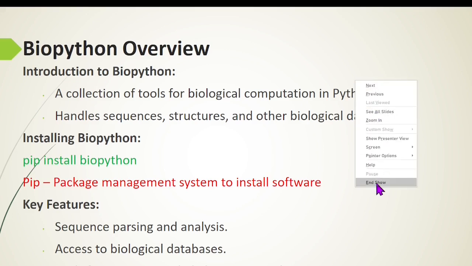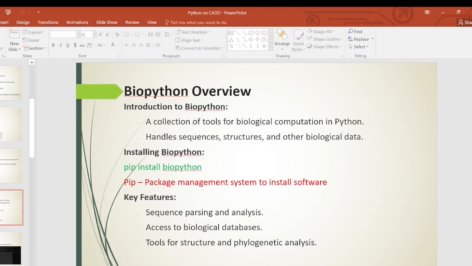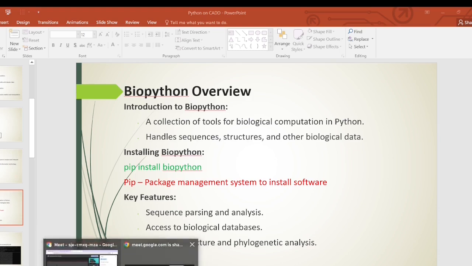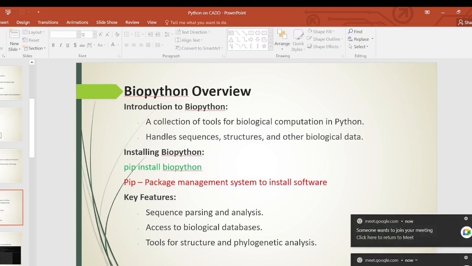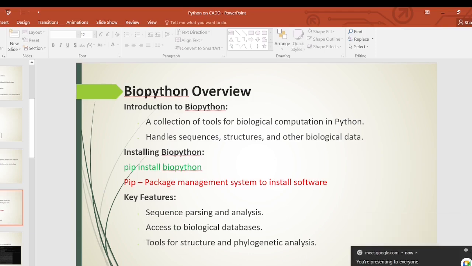No, it's not full screen, right? Just press Control F5, maybe it will be okay. And also you can share with me so that I can open it from my side. Then you can go through it.